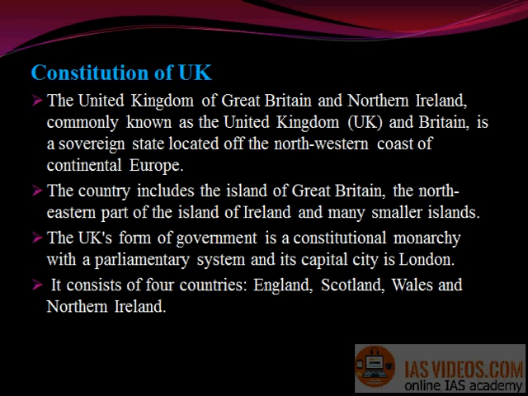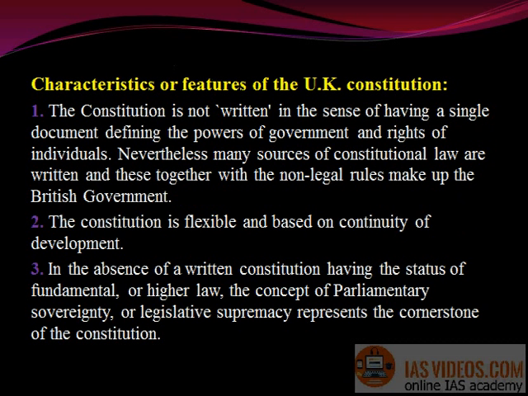The country includes the island of Great Britain, the northeastern part of the island of Ireland, and many smaller islands. The UK's form of government is a constitutional monarchy with a parliamentary system, and its capital city is London. It consists of 4 countries: England, Scotland, Wales, and Northern Ireland.